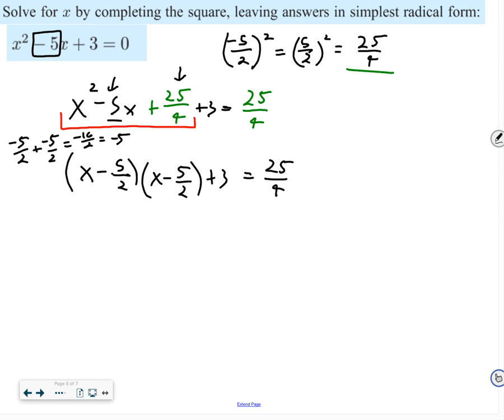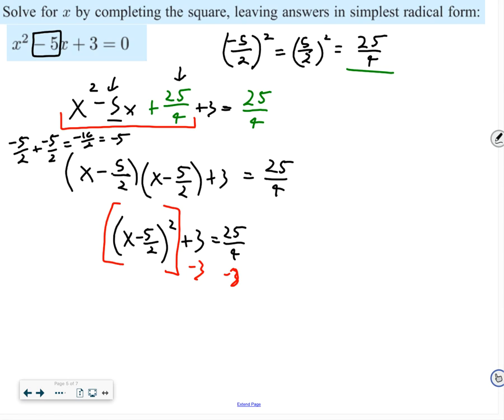Okay, so I can simplify this. This is just x minus 5 over 2 squared plus 3 equals 25 over 4. Before I take the square root, I need to isolate this value on this side. So I'm going to subtract 3 from both sides.